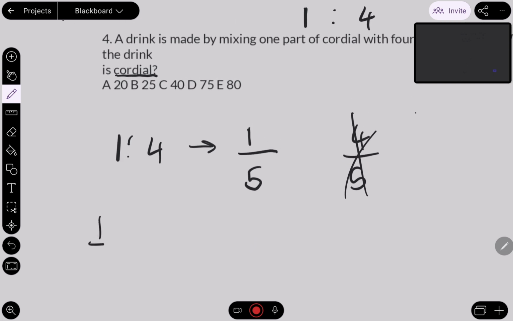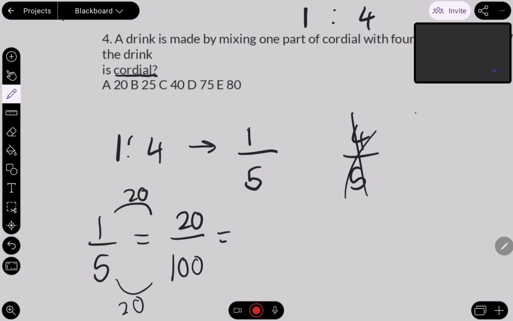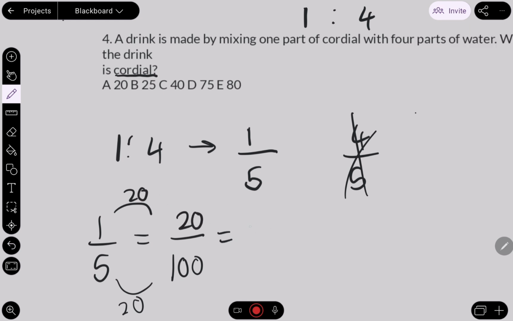We need 1/5 as a percentage, which is, if we find the equivalent fraction, multiply the bottom by 20 and the top by 20, we get 20 over 100, which, as we know, when you want to put it into percent, you take the numerator when it's on top of 100. There we go. It's just 20% of the drink is cordial.